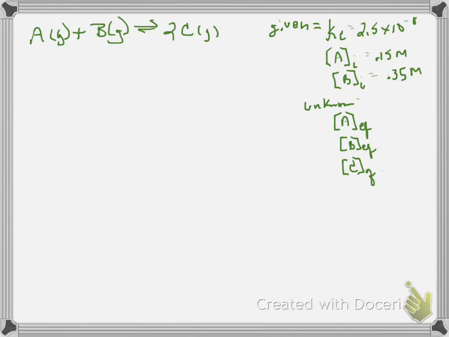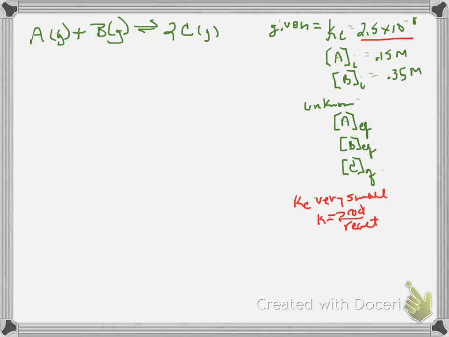Now there's a couple things to note. This Kc is very small because it's 10 to the negative 8th. So the Kc being very small, what does that mean? Well, remember, K roughly is the concentration of the products over the concentration of the reactants. That's a general term.